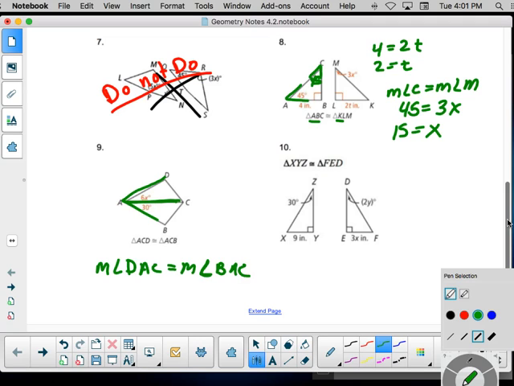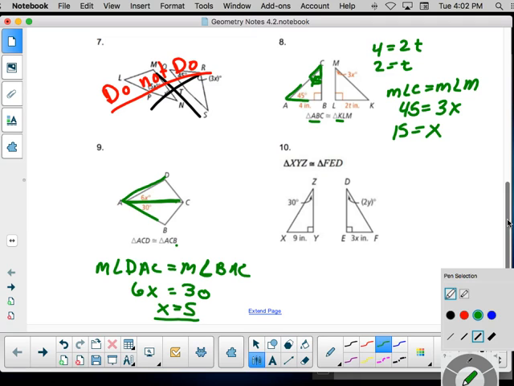And remember, D is in the same position as B, A is in the same position as A, C is in the same position as C. So when I do DAC, BAC, that works. And now I know that DAC is 6x, BAC is 30, so x is 5.